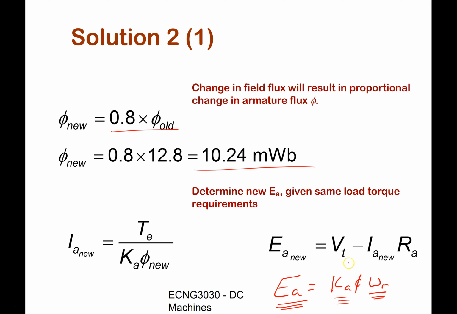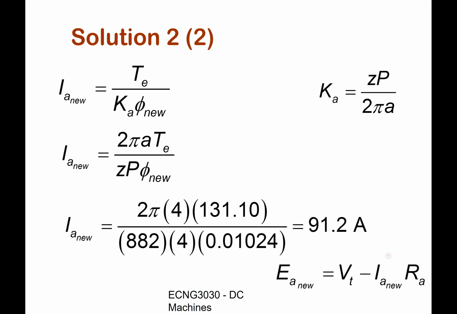Now I can estimate what the old K phi omega was, because I have EA, omega, and omega m from the last problem. Or I could also use TE, IA, and K phi from the last problem.